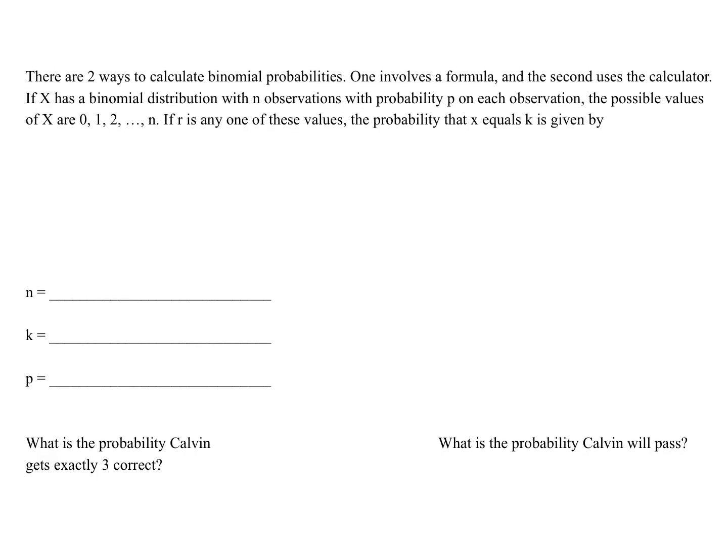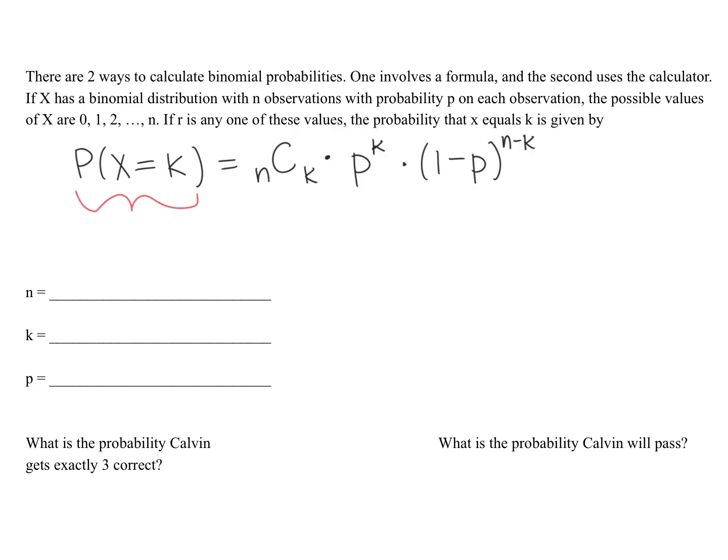so the probability that X equals K is NCK times the probability raised to the power of K times 1 minus P to the exponent of N minus K. So the way the formula works is the probability X equals K represents the probability of K successes.